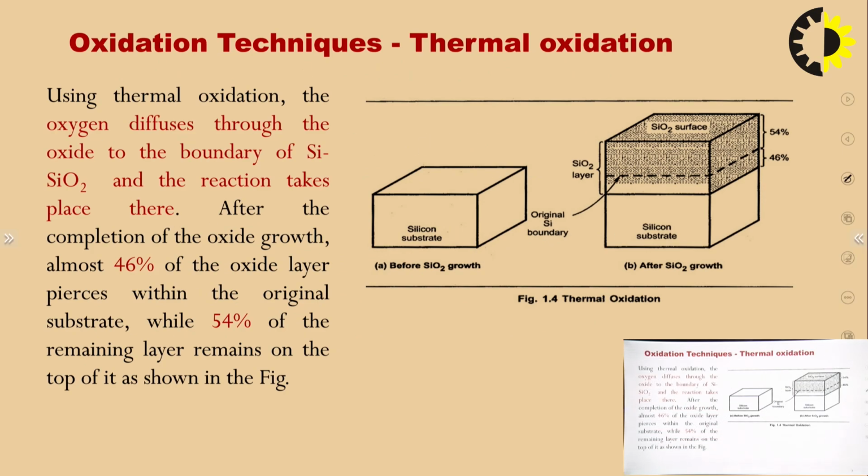Now the oxidation technique, the thermal oxidation first. In this case, in thermal oxidation, oxygen diffuses through the oxide to the boundary of the silicon and silicon dioxide, and the reaction takes place there.